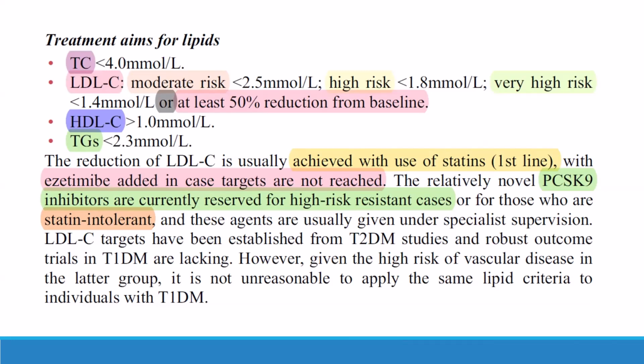Triglyceride less than 2.3. And don't forget that statin is the first line therapy. If not reach the target, we should add ezetimibe. If not reach the target, we can add PCSK9 inhibitor, which are currently reserved for high-risk resistant cases or patients with statin intolerance.